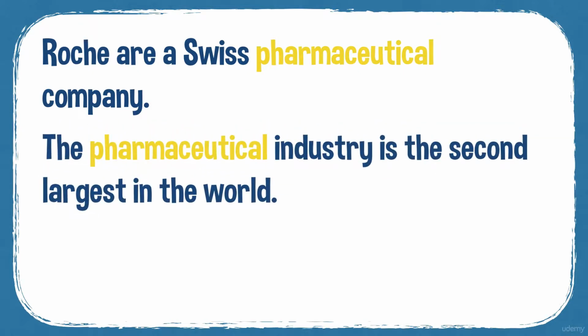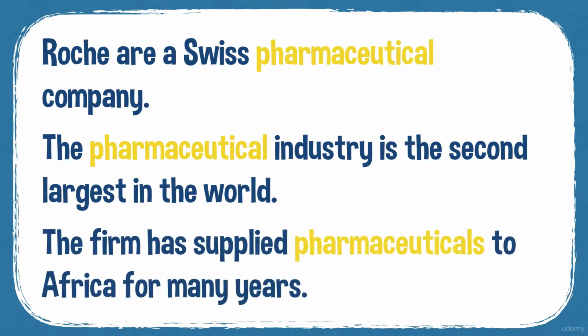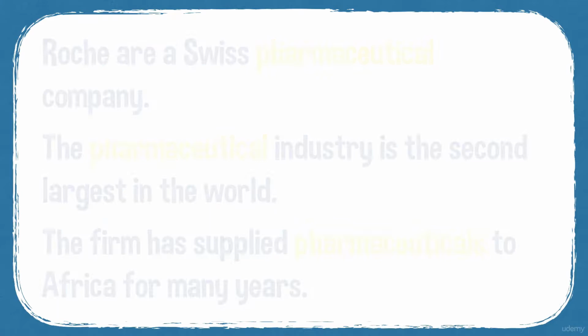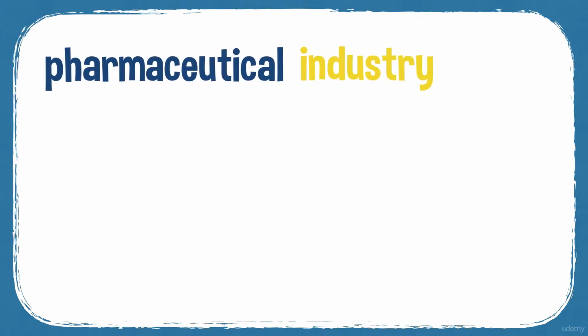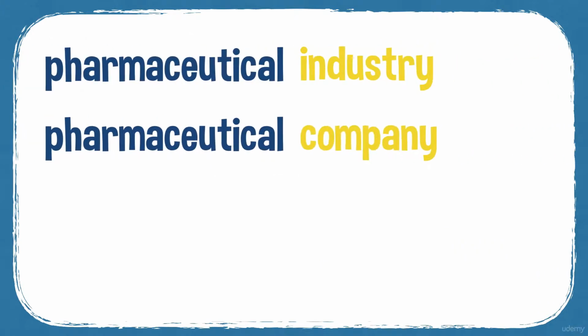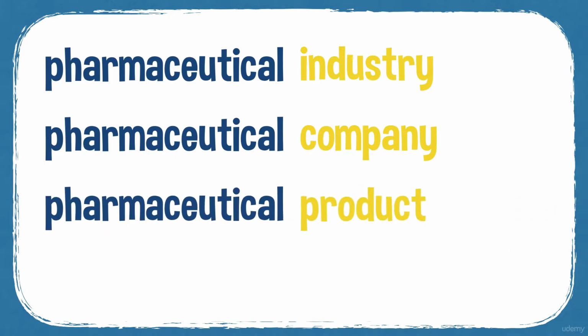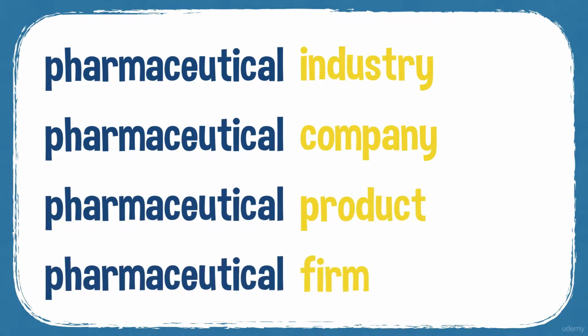The pharmaceutical industry is the second largest in the world. The firm has supplied pharmaceuticals to Africa for many years. So we talk often about the pharmaceutical industry or a pharmaceutical company, and they make a pharmaceutical product. And we also talk about a pharmaceutical firm.